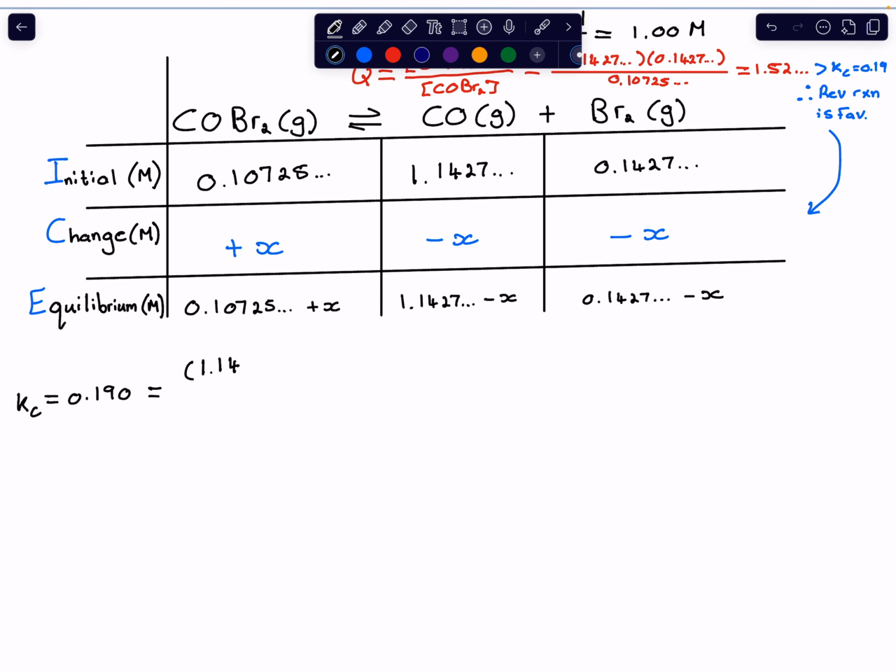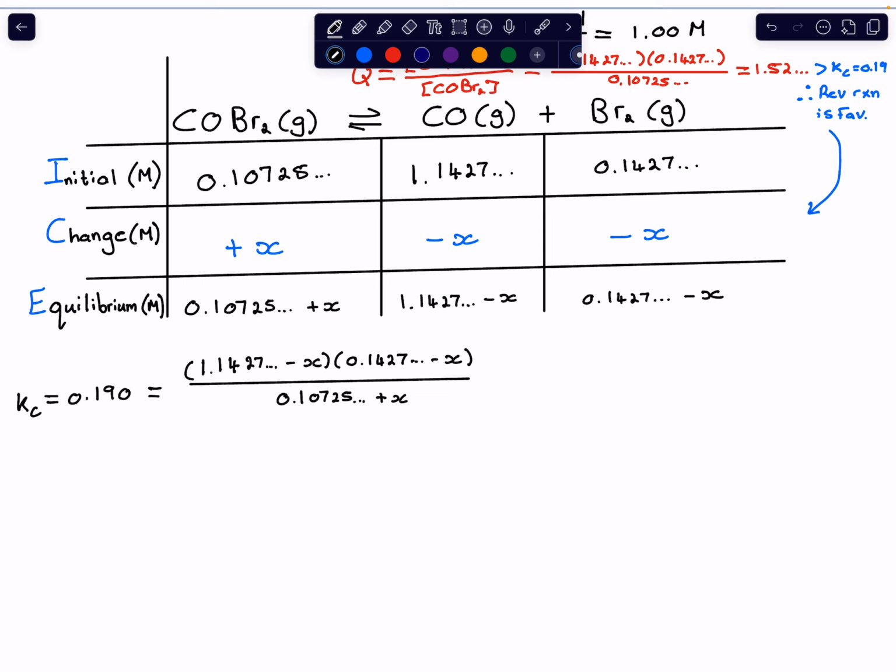So 1.1427 minus x multiplied by 0.1427 minus x, all divided by 0.10725 plus x.